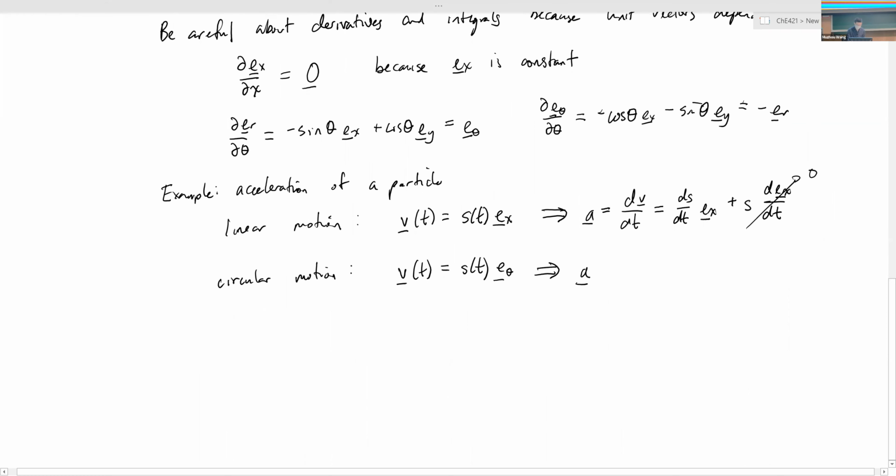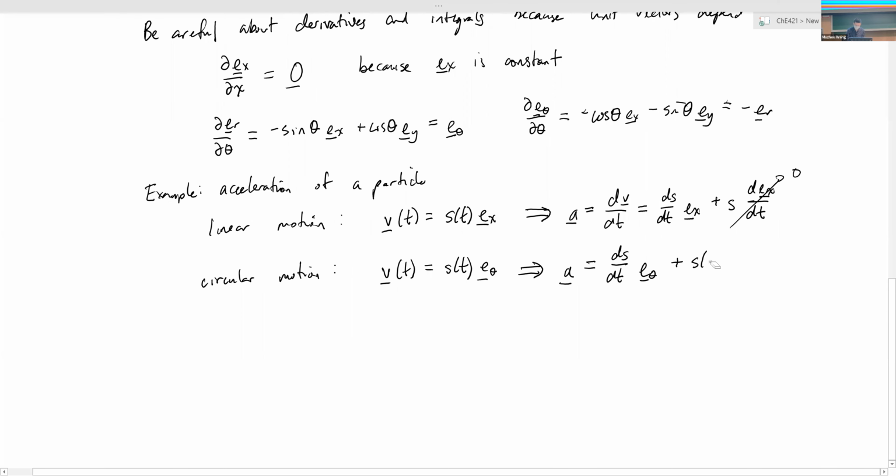The acceleration is, again, the derivative of velocity here. And so that derivative is ds dt e theta plus s times dE theta dt.